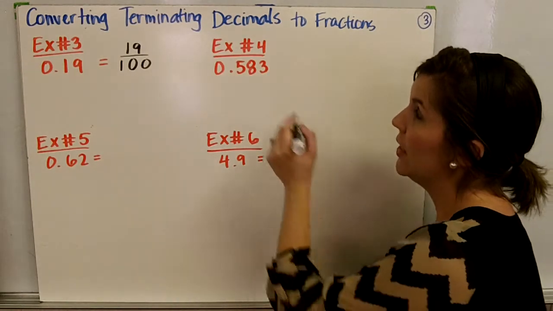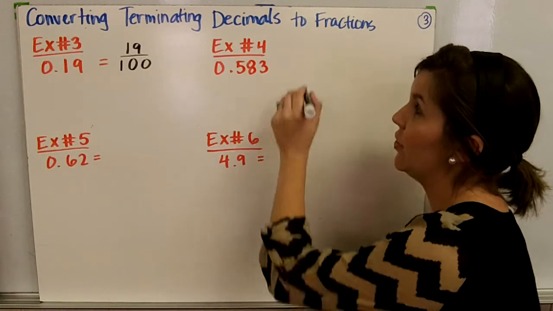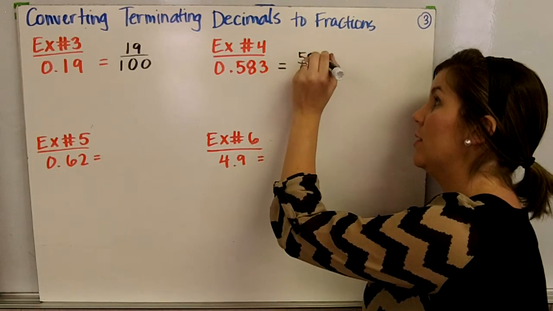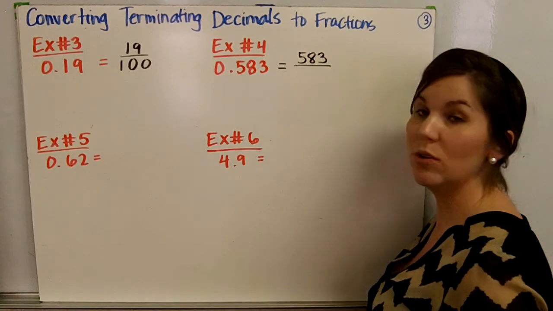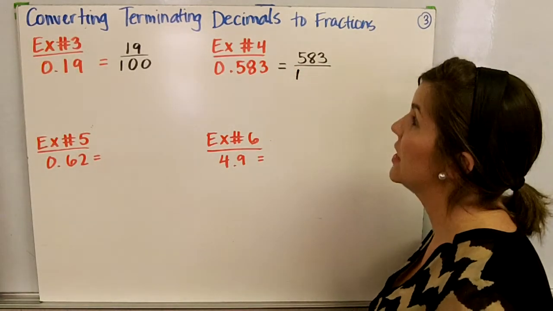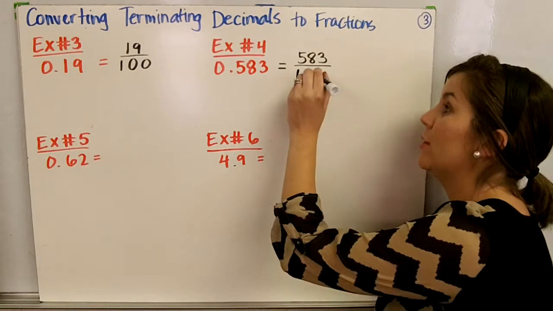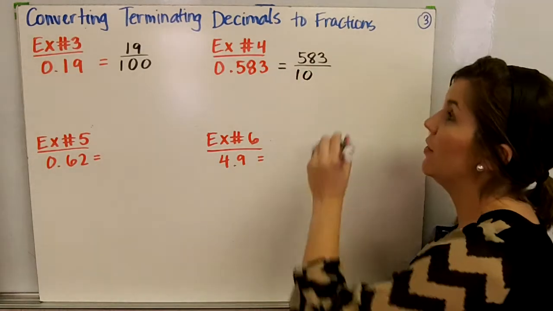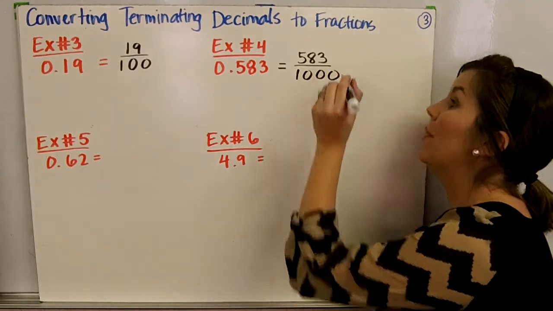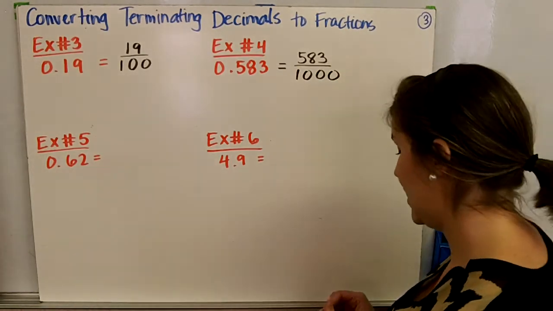Example number 4, 0.583, 583 thousandths. So 583 goes in the numerator, just ignore the decimal. Put a 1 in the denominator and add zeros until the denominator is bigger than the numerator. So 10 is not bigger than 583, 100 is not bigger than 583, 1000 is bigger than 583.